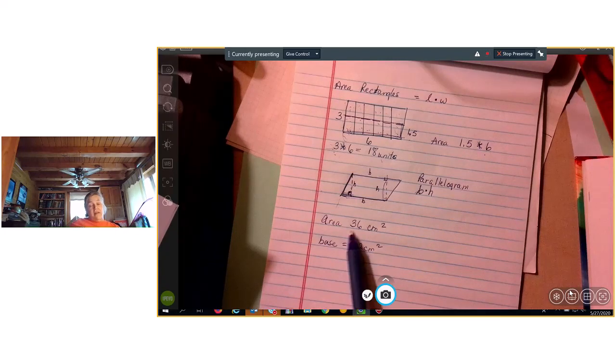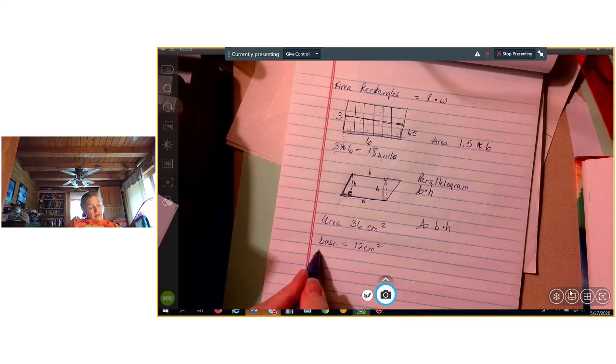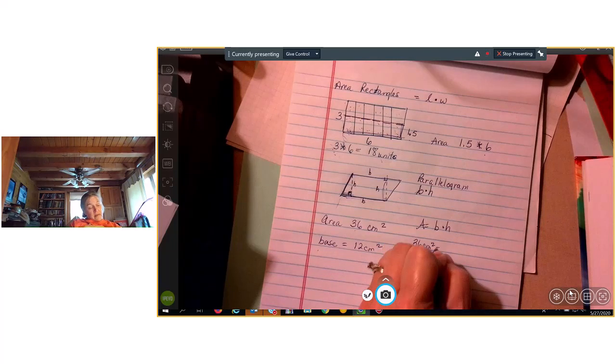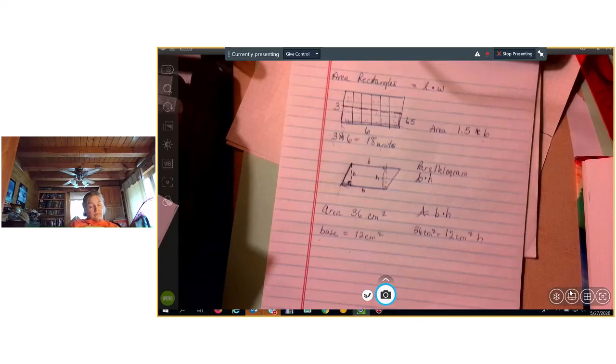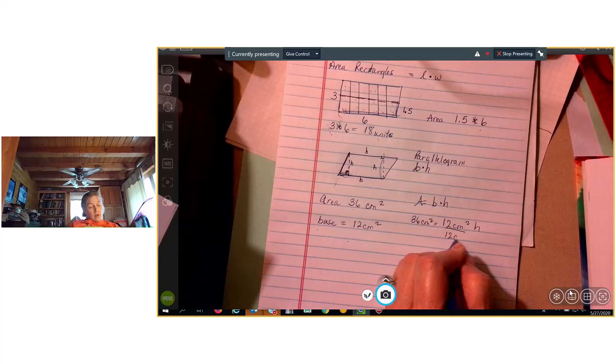You should be able to figure this out because, excuse me, if we know that the area is equal to base times height, we know that the area is 36 centimeters squared and the base is 12 centimeters, and I'm looking for the height, then all I need to do is divide by the 12 centimeters.